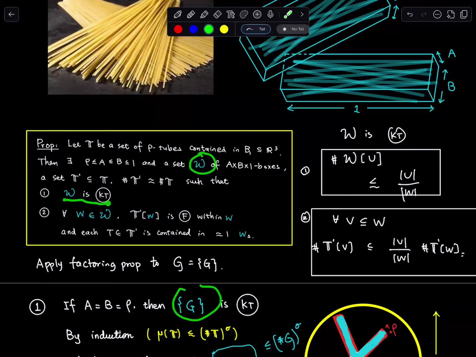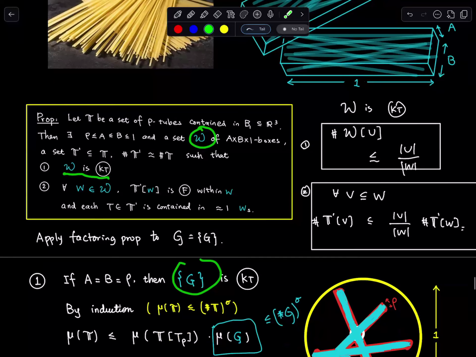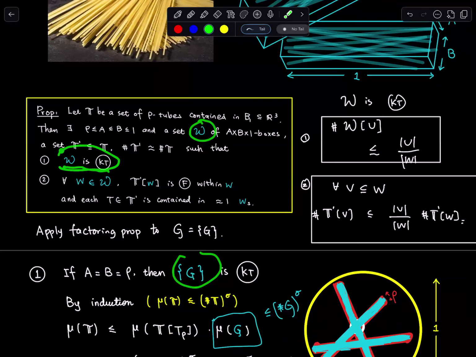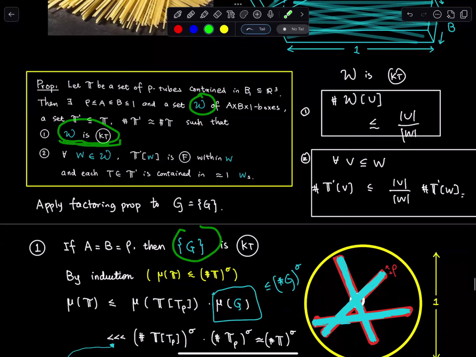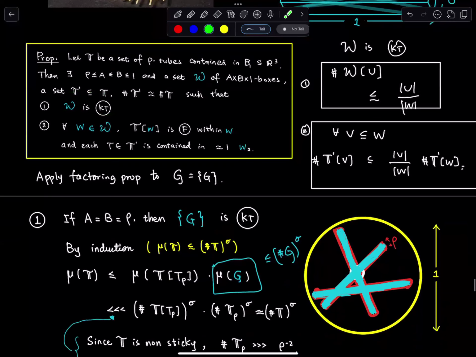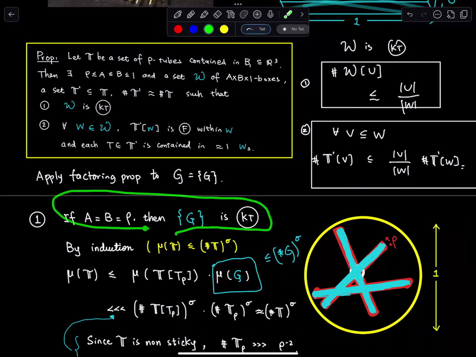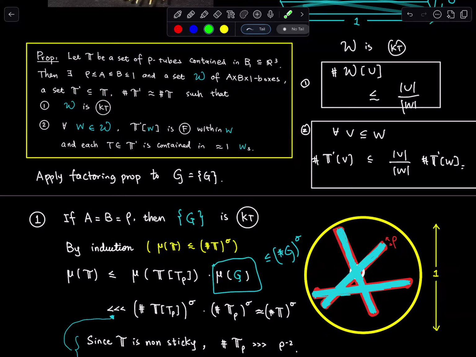And W satisfies the Katz-Wolff axiom. So this means that the grain itself satisfies the Katz-Wolff axiom. I know this is becoming a little technical, but are there any questions about the statement of the proposition and when we apply it?